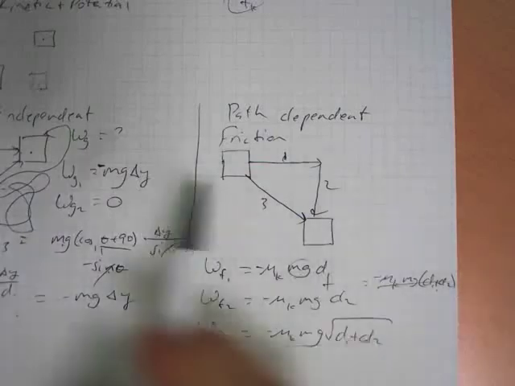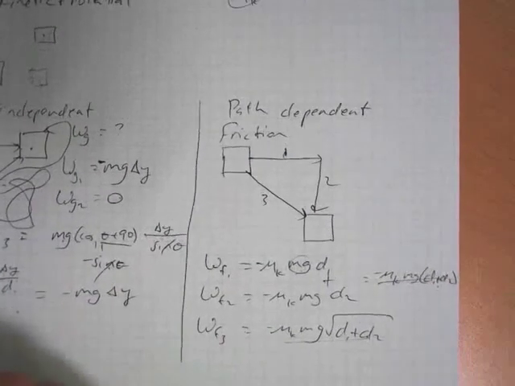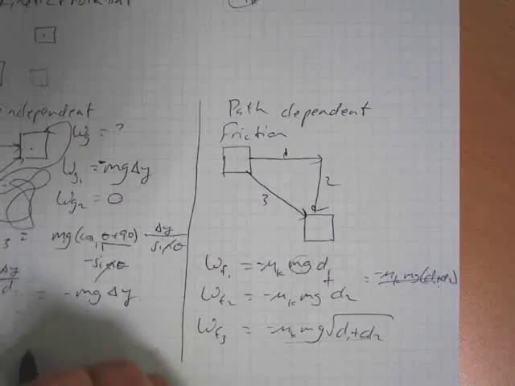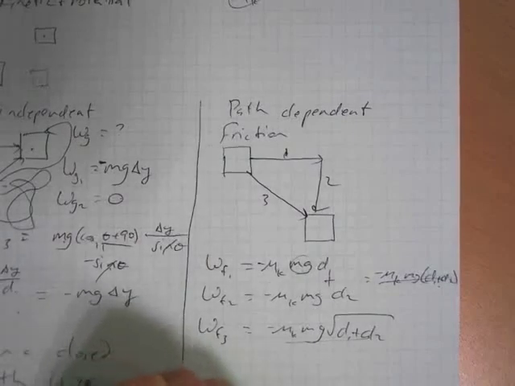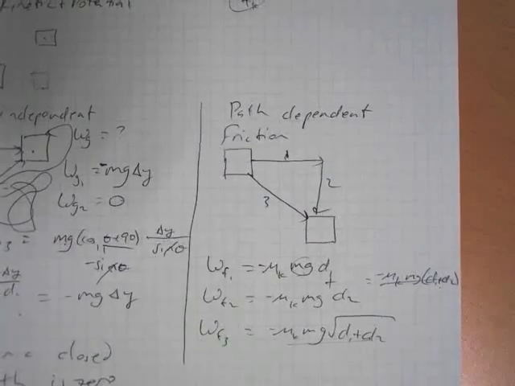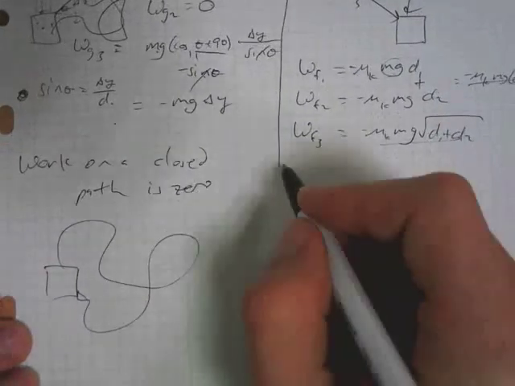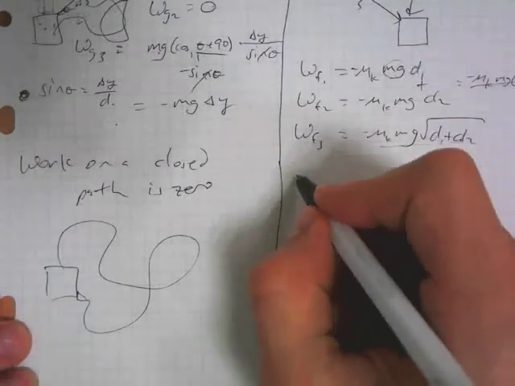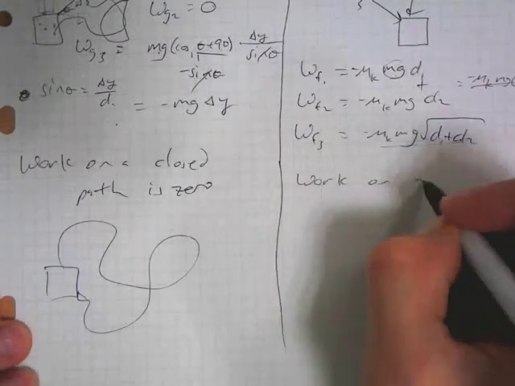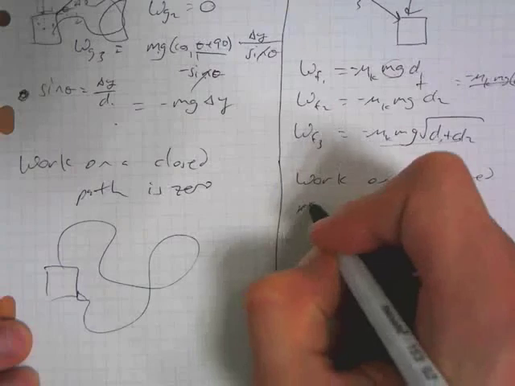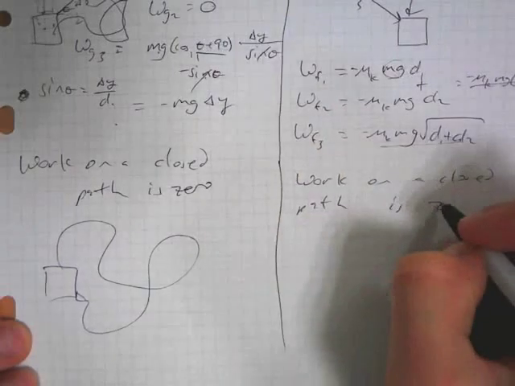For a conservative force, the work on a closed path is 0. That is, if you take something from a starting point and you move it and wind up back at the starting point, total work is 0. For a path-dependent force, work on a closed path is non-zero for a non-conservative force.